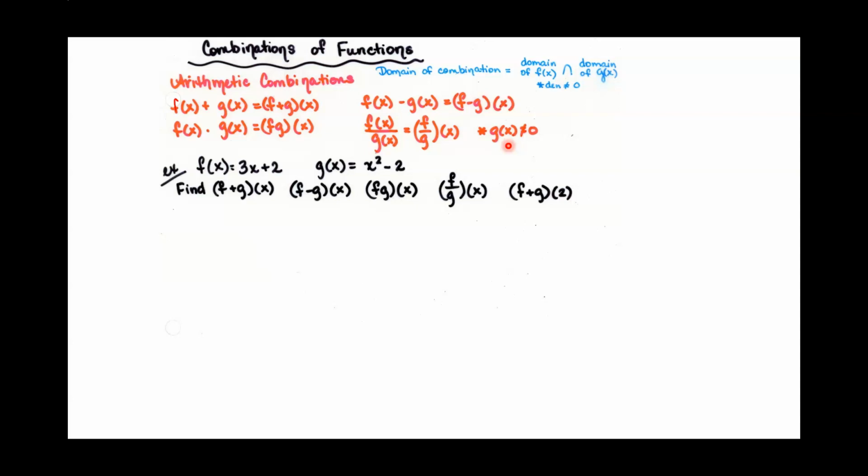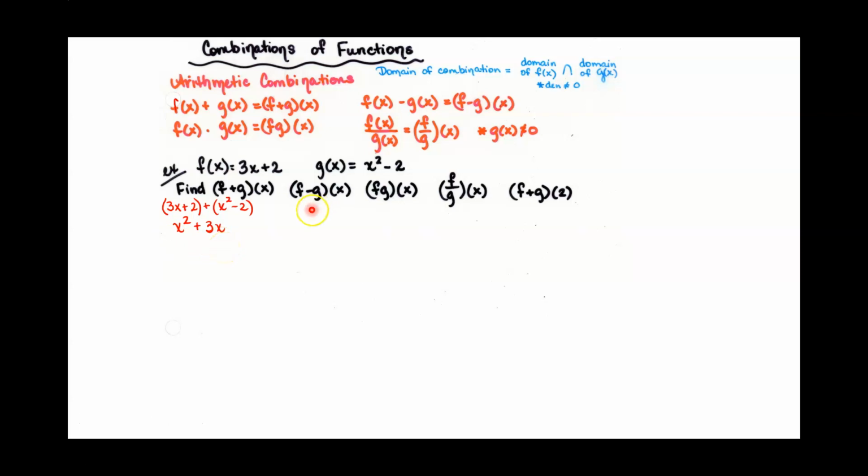So, given these two functions for f of x and g of x, let's look at each of those combinations. For f plus g, I'm going to add f of x and g of x, and then simplify anything that I can. So the positive 2 and the negative 2 would drop each other out, and we'd have x squared plus 3x.